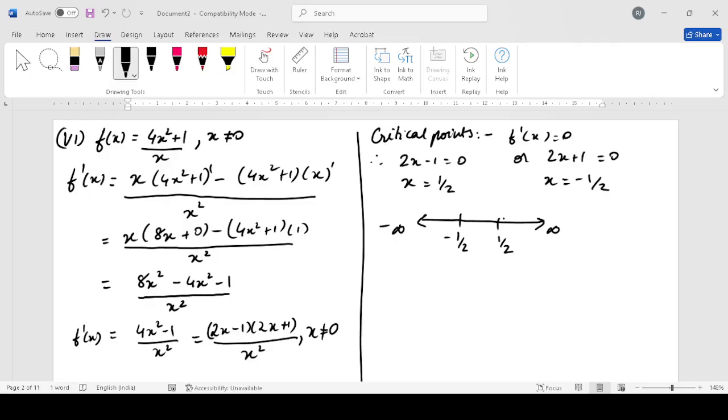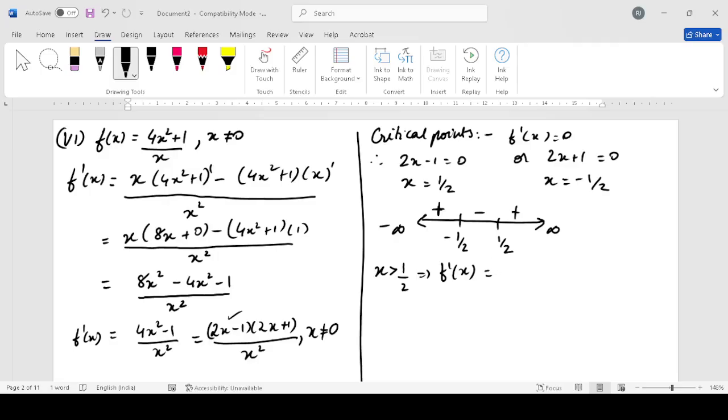You can use the alternate method, by keeping this positive, this negative, and less than -1/2 as positive. But let's just check it once again. For any value greater than 1/2, f'(x) would have the first bracket 2x - 1.